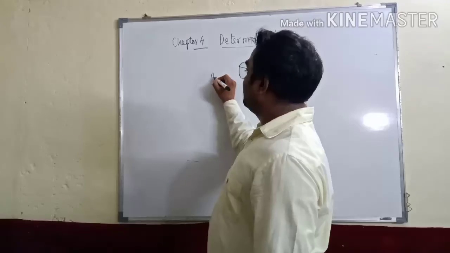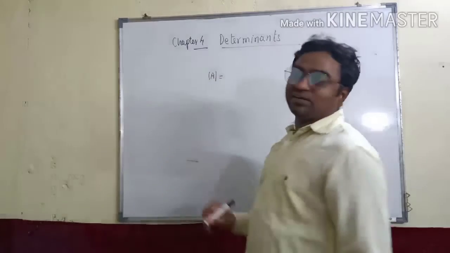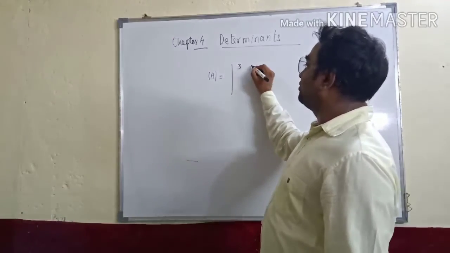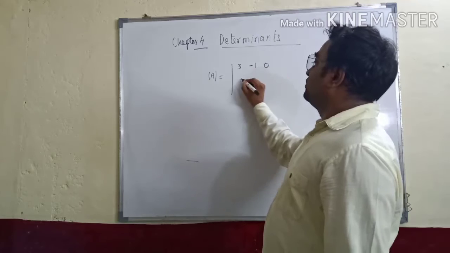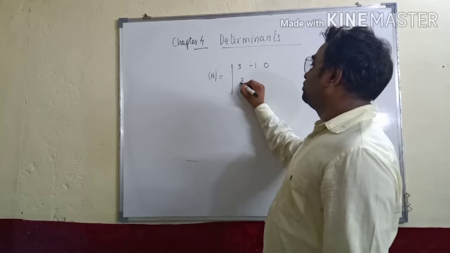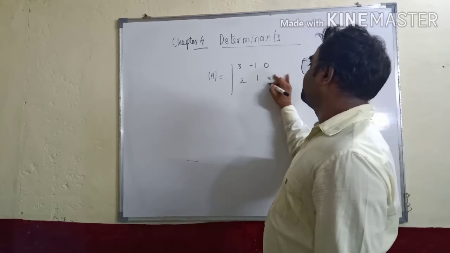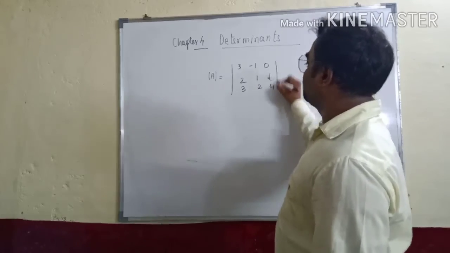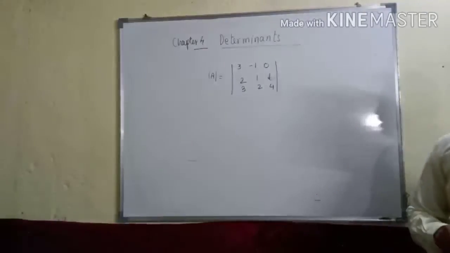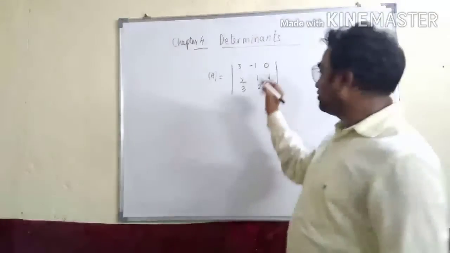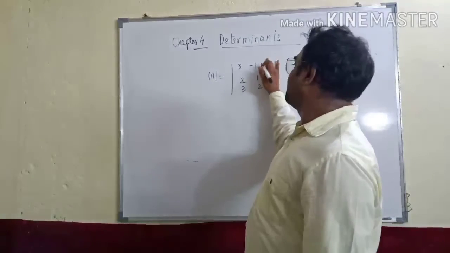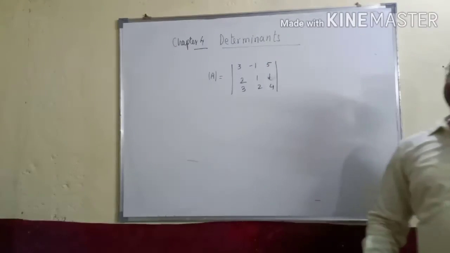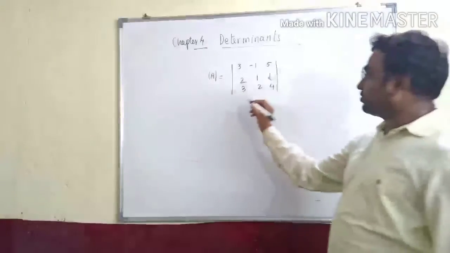So here we have to find the determinant of a given matrix: 2, 1, 1, 3, 2, 4, anything you can write. I just have taken one value. You can take something else if it is easier. You can take 5, minus 5 also, no issue. So here what do you write?